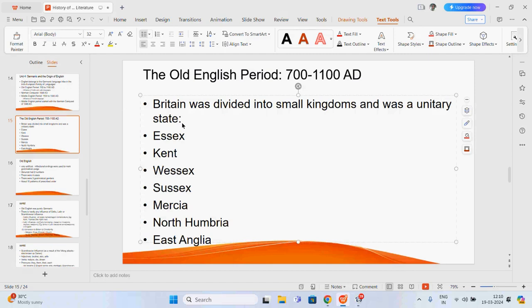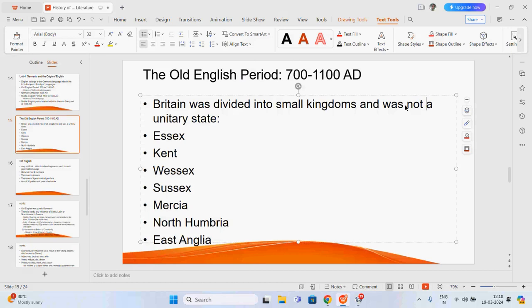Britain at that time was divided into small tribal kingdoms and was not a unitary state as we know it today. The UK, England as we know it today, is not the same when we are talking about the Old English period, 700 to 1100 AD. What are the major tribes in which the Old English language originated?